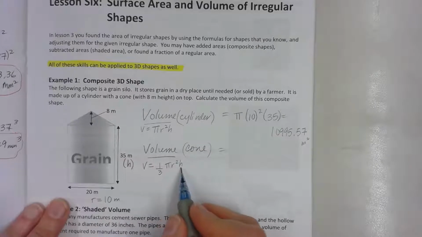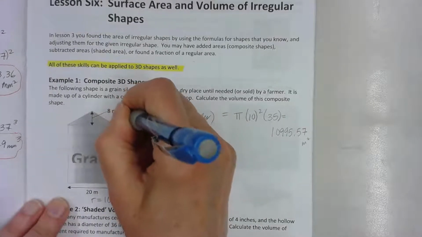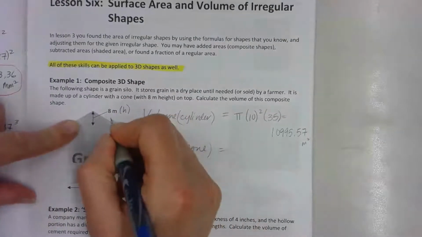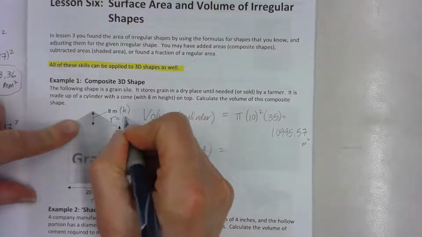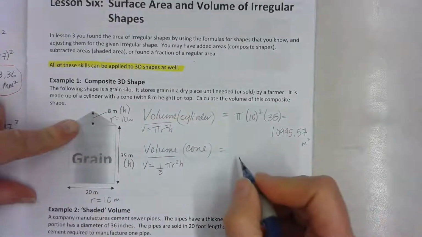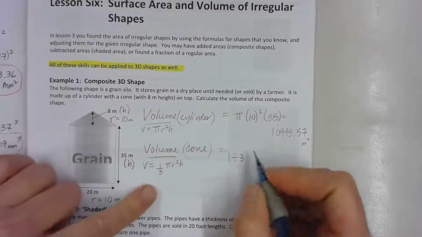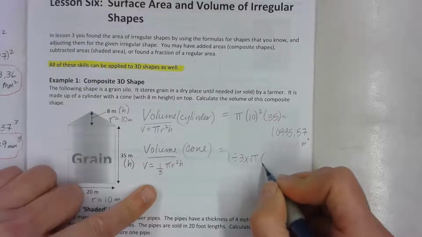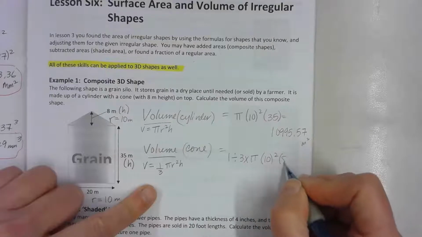I need r squared h again, but this time the height of my cone is 8, but the radius is the same as the cylinder, right? It has the same radius if it's right on top. So the radius is 10. So that's 1 divided by 3, that's what 1 over 3 means, times pi times 10 squared times 8.